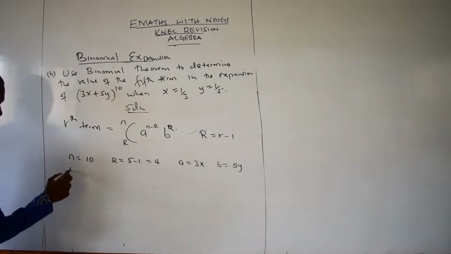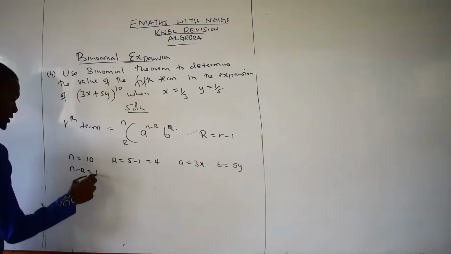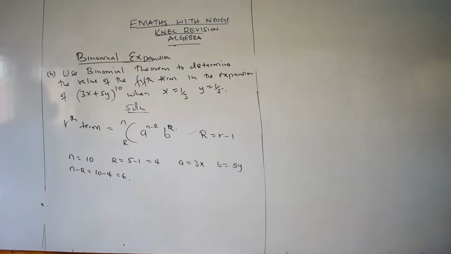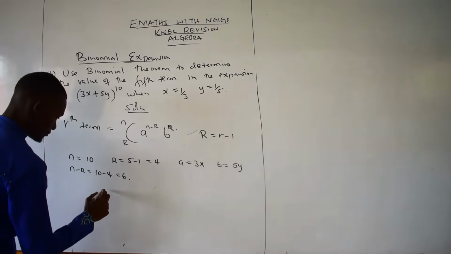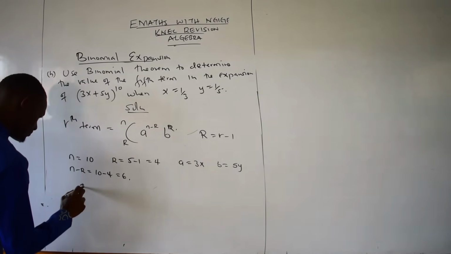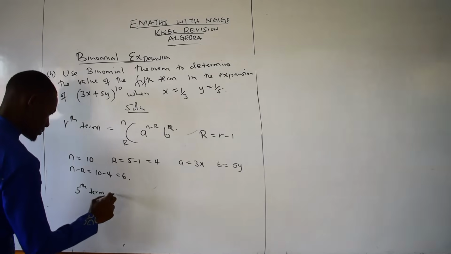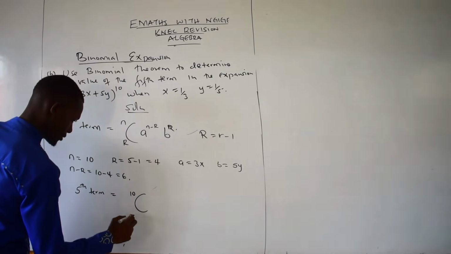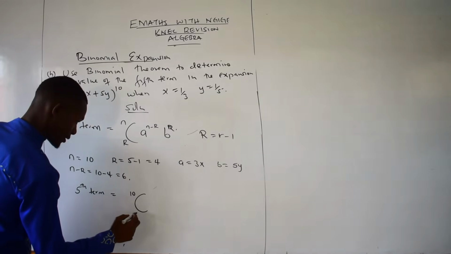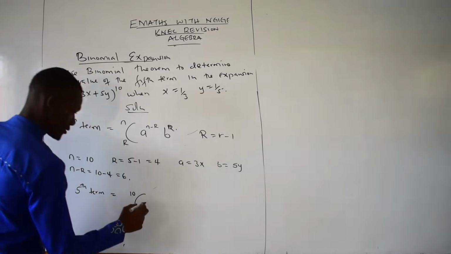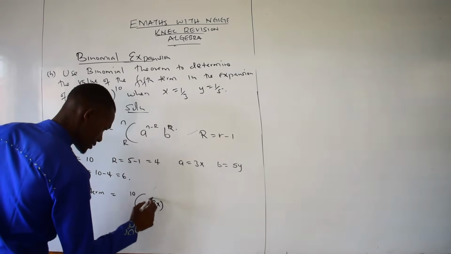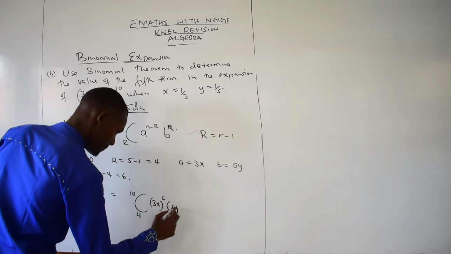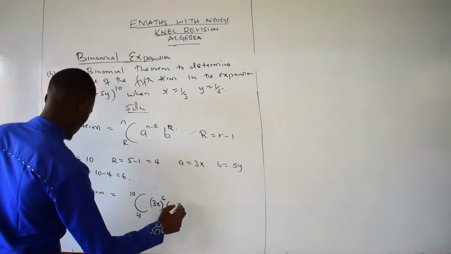N minus r, which is just 10 minus 4, which gives you 6. Now replacing everything in the formula, the fifth term is given by combination of 10, we have our r being 4, then our a is 3x given to power 6, then we have 5y given to power 4.